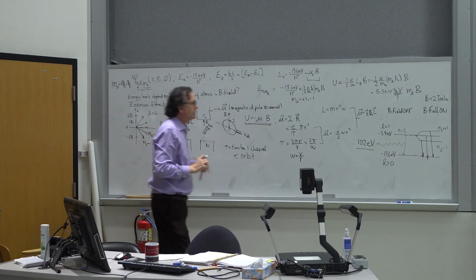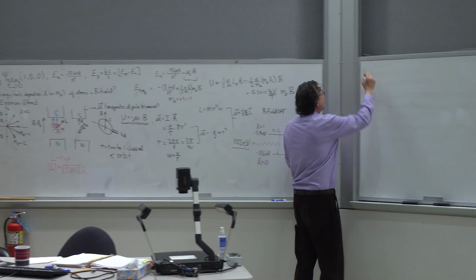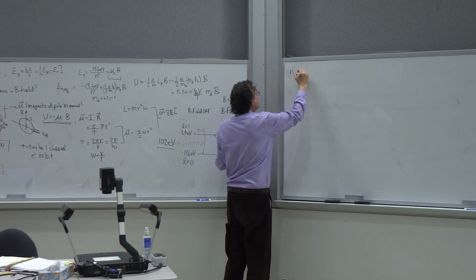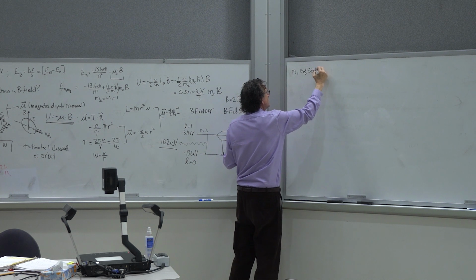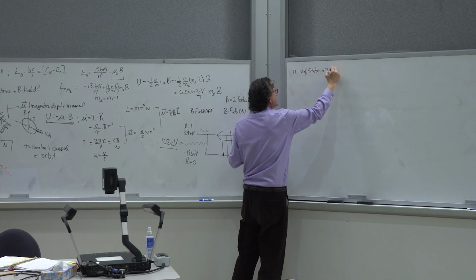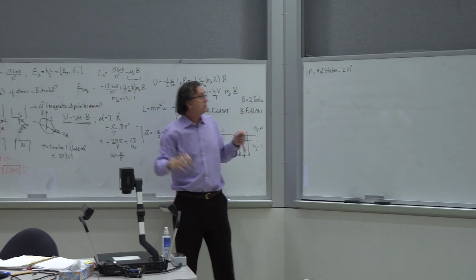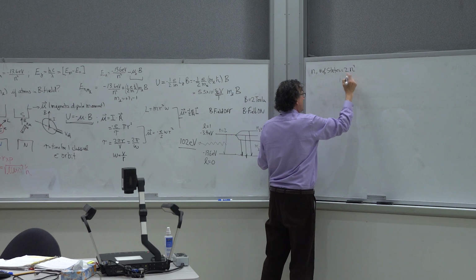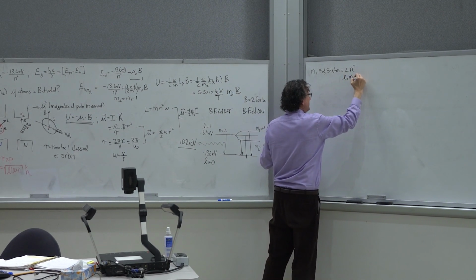When we were counting the total number of states on a given shell, and by shell we mean a given value of principal quantum number, the number of states was equal to 2 times n squared. That's how you exhaust all possible combinations of n, L, m sub L, and m sub s.